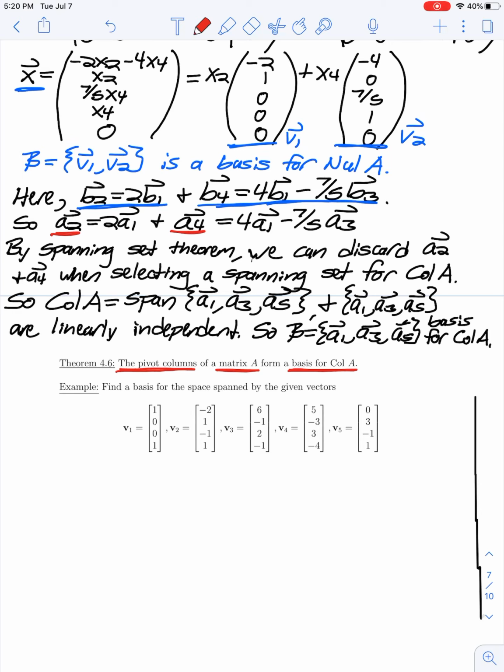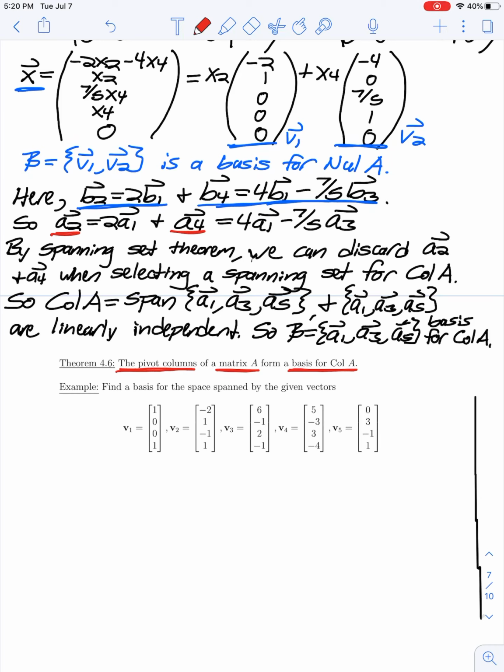Because if A can be row reduced to some matrix B, which only has so many pivot columns, well, all of our non-pivot columns are linear combinations of the pivot columns. Therefore, the original matrix A has non-pivot columns which are a linear combination of its pivot columns.